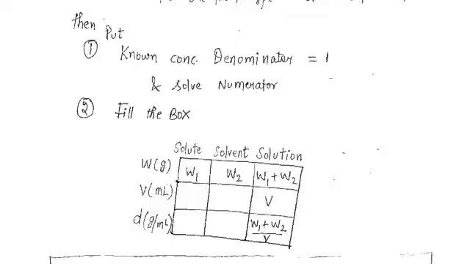So you put the volume equal to 1 liter, and then you can calculate the numerator, the moles, because molarity is given. So you now have the moles and volume of the solution. With the moles you can find out the weight, because moles equals weight upon molecular weight.